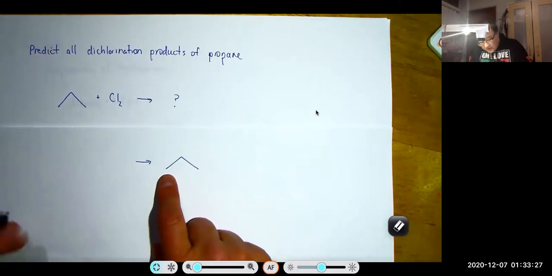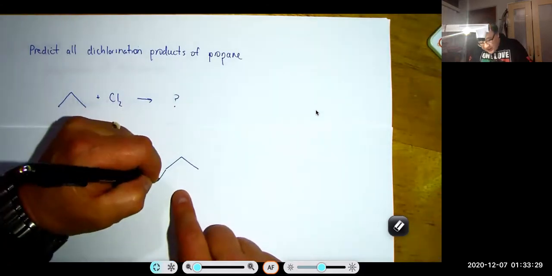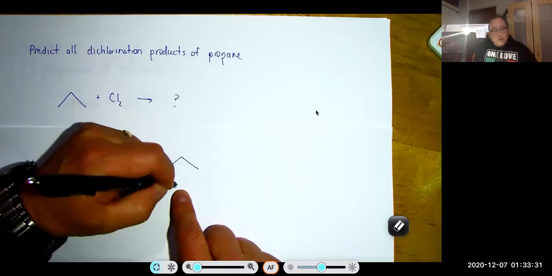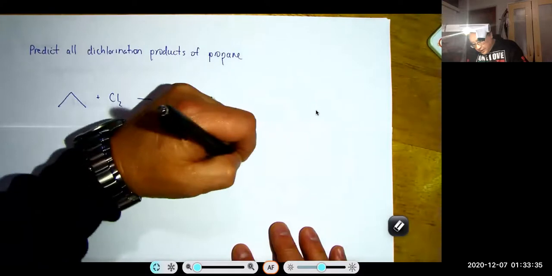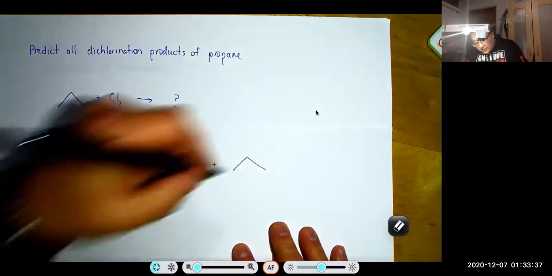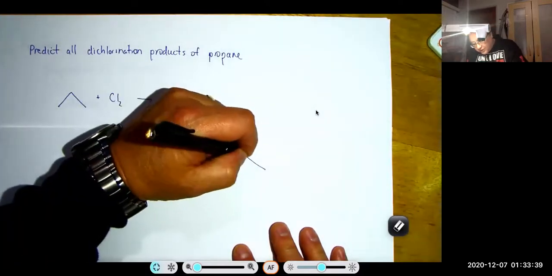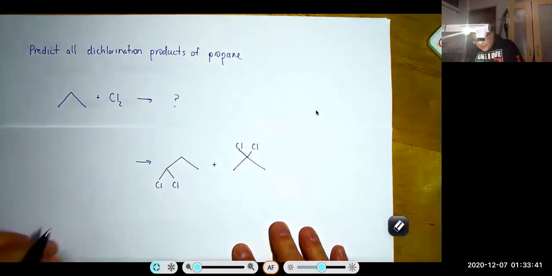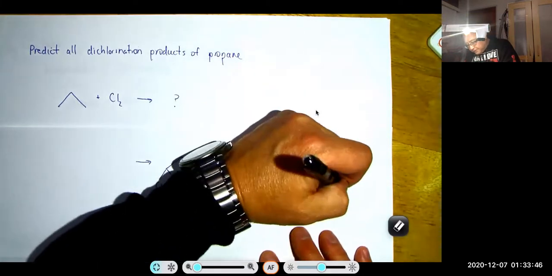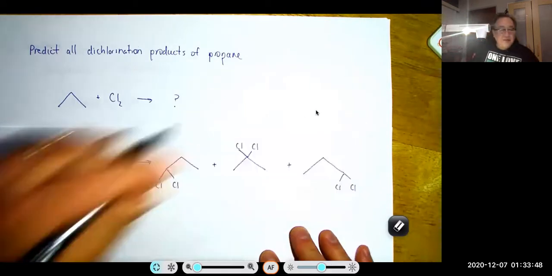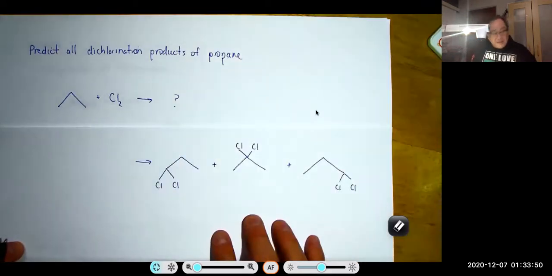There's 3. So we could actually get 2 chlorines here where 2 of the hydrogens are removed. Now, another molecule, you could get 2 chlorines on the second carbon, or you could get 2 chlorines on the third carbon. Let's find out if we have 3 different products here by naming them.